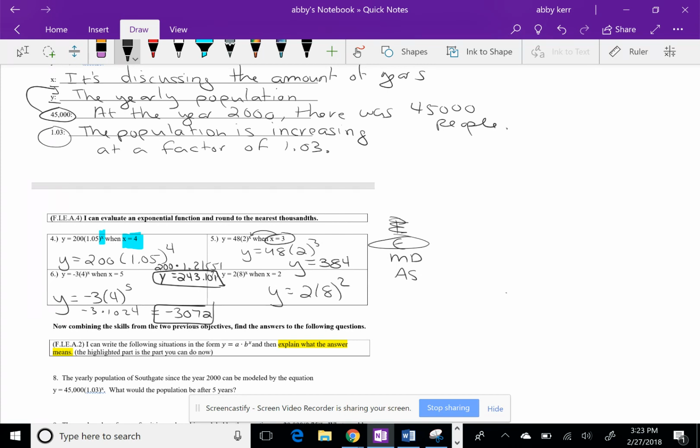Plug in the 2. 8 squared is 64. 2 times 64 is 128. So you can do that on the calculator at school, or if you have a TI Inspire, or if you have Desmos, you can do that as well.